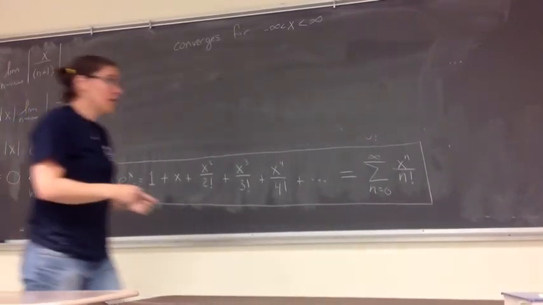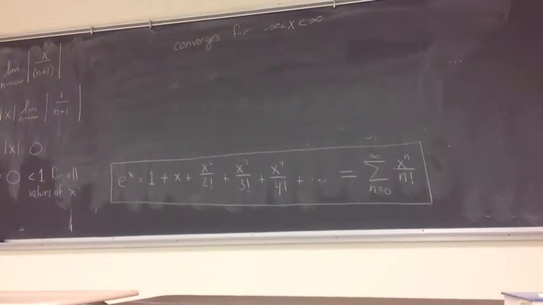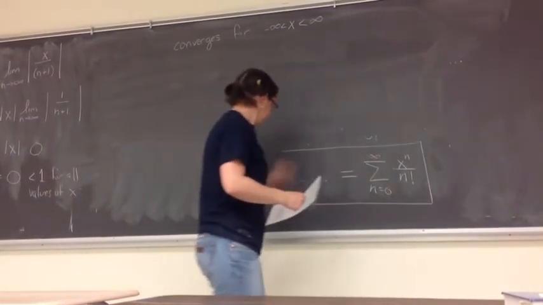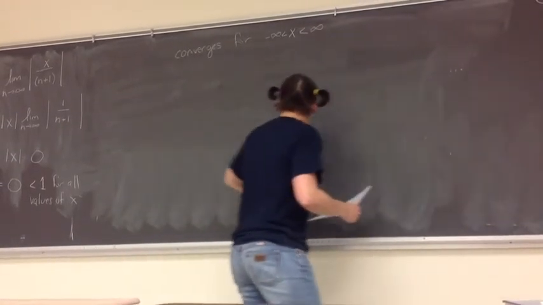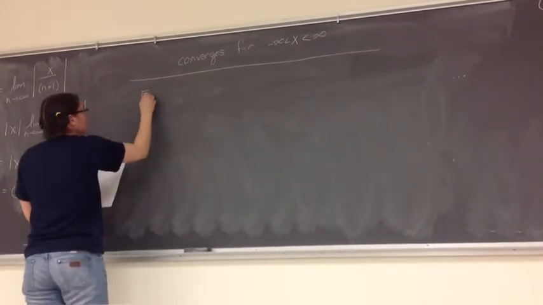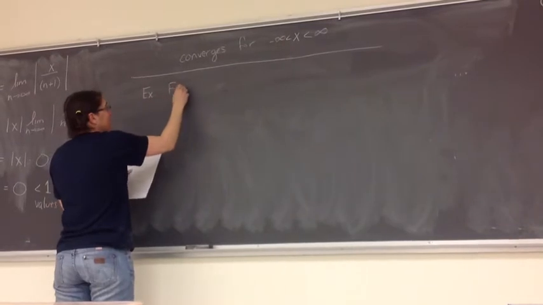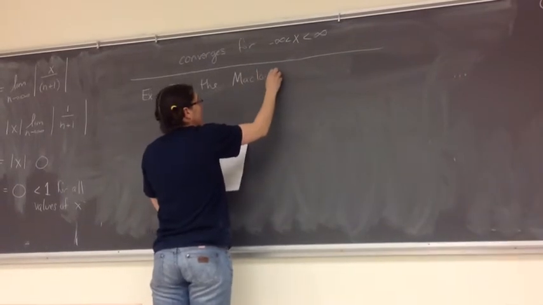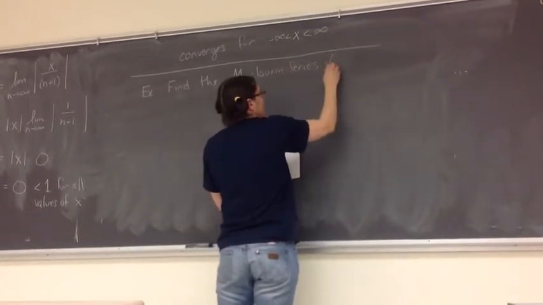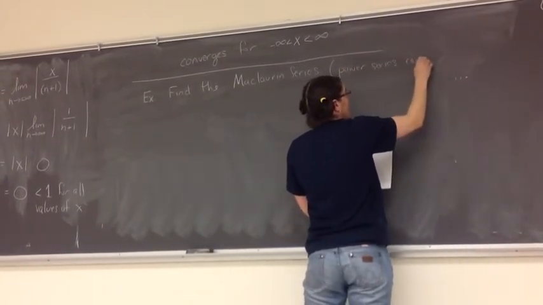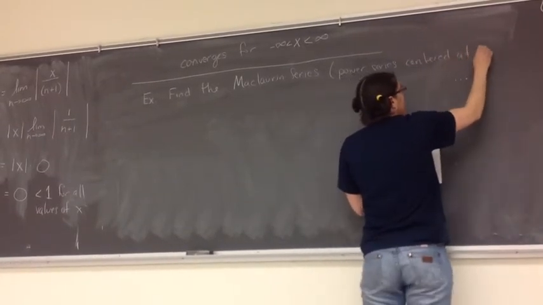Okay. All right. So I'd like to look at one more example of one of these power series. And so in this example, we would like to find the Maclaurin series, aka power series centered at x equal to 0.